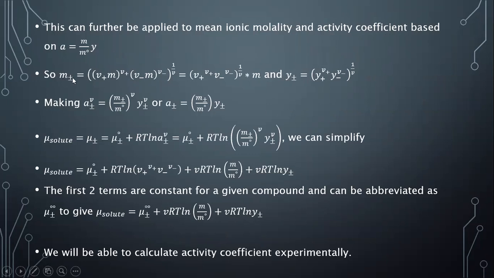So that now becomes, we can have the average ionic molality being the same thing: molality V plus raised to the power of V plus, molality V minus raised to the power of V minus, square root of factor of V. Can take all that out. So that's a constant based on your ions, and activity coefficient kicks into that because the overall molality doesn't change.